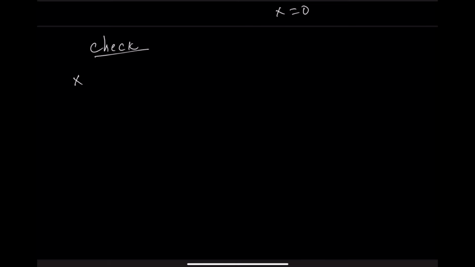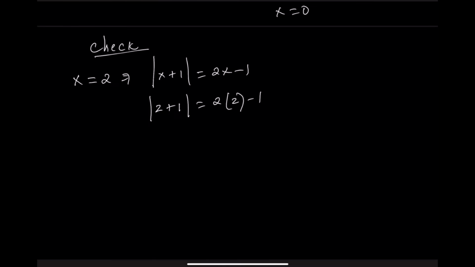Now check both solutions in the original equation. Absolute value of 2 plus 1 equals 2 times 2 minus 1. Absolute value of 3 equals 4 minus 1. Absolute value of 3 equals 3. Both sides are equal. X equals 2 is a solution.